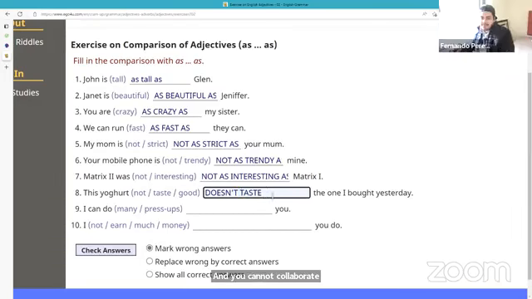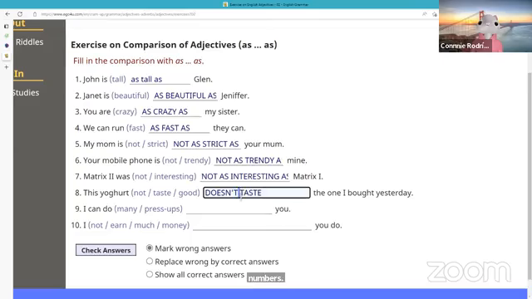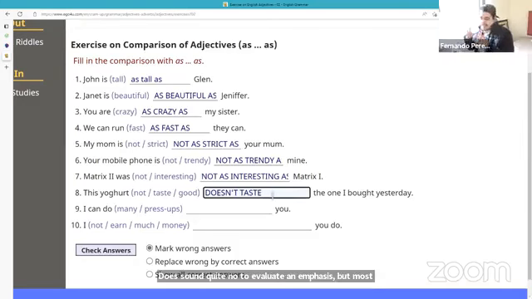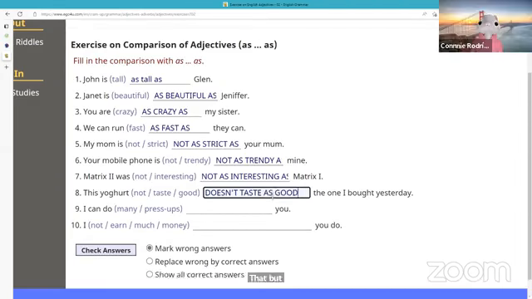Probably an adverb, to emphasize. You can say doesn't really, doesn't quite, to give a different emphasis. But in most cases, the auxiliary and verb go together, and then after that, the comparative. Okay. Good.